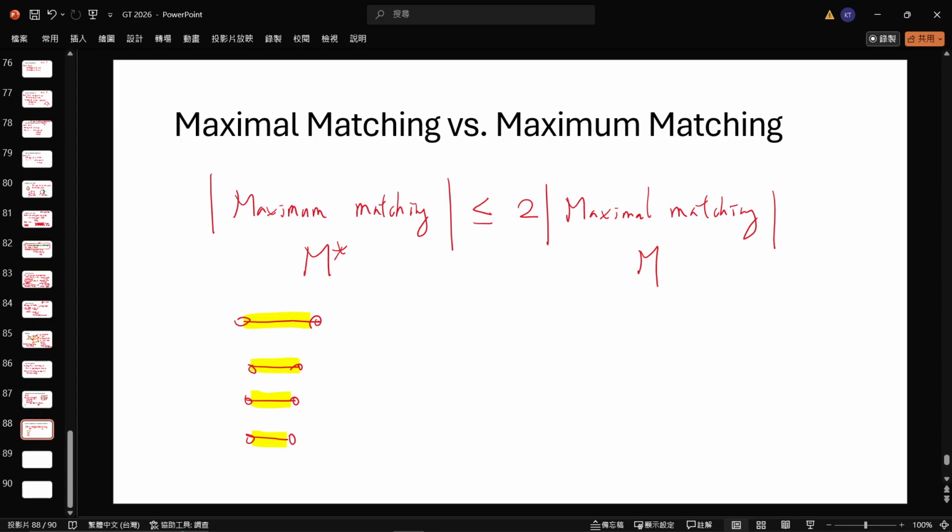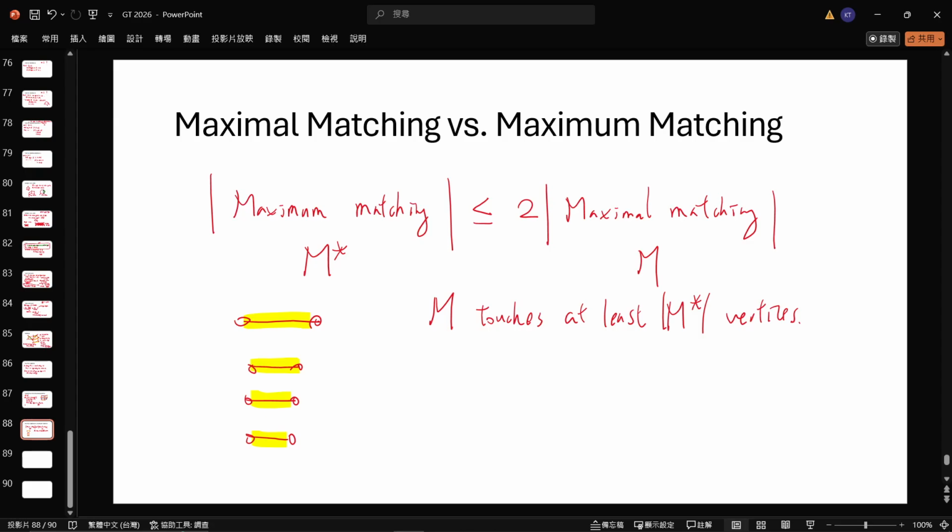So this means for every edge in the maximum matching, M, it touches at least one of the endpoints. Okay? So, in other words, M touches at least M star vertices. Okay?